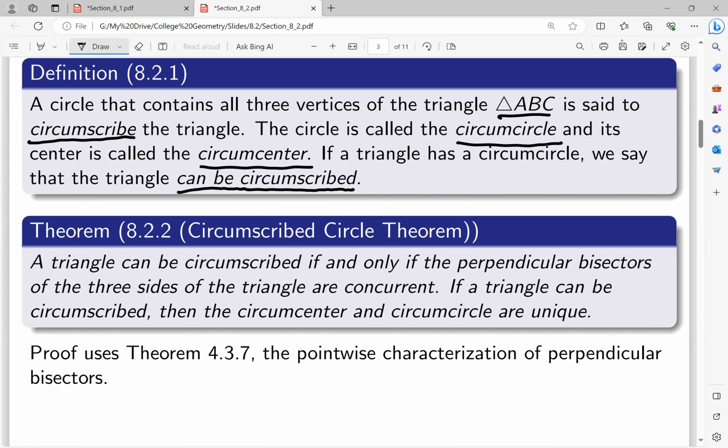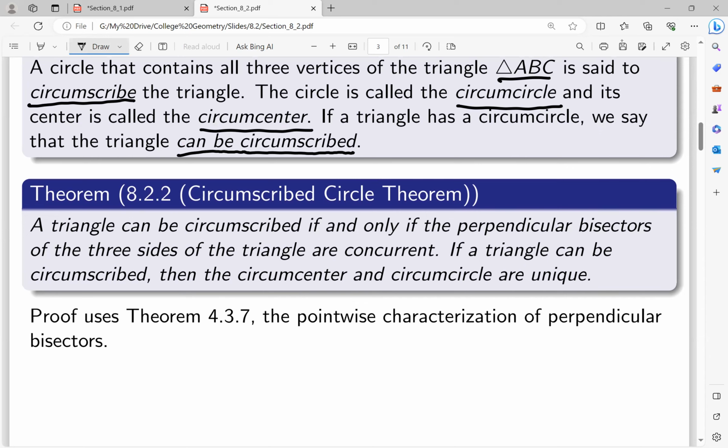A triangle can be circumscribed if and only if the perpendicular bisectors of the three sides of the triangle are concurrent. Remember, concurrent means they all intersect at the same spot. So if a triangle can be circumscribed, then the circumcenter and circumcircle are unique.